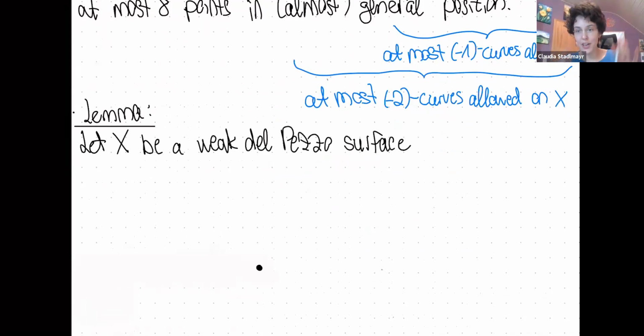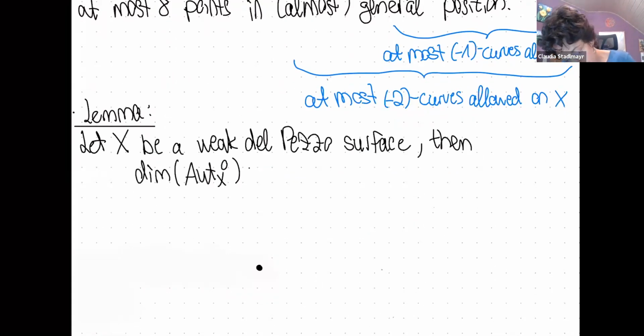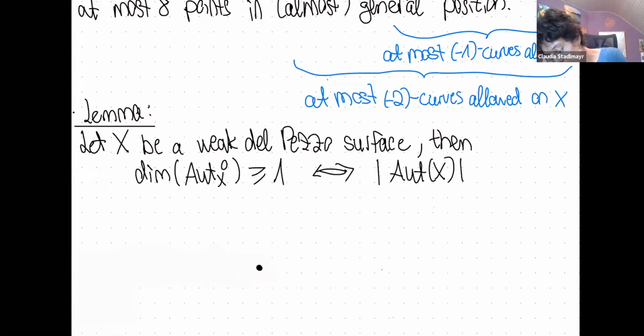Here, weak is not in brackets, so I really mean weak. Then Aut X^0 having positive dimension, greater or equal 1, is equivalent to X having infinitely many automorphisms.